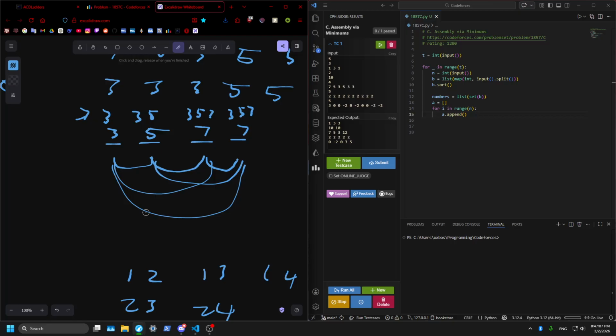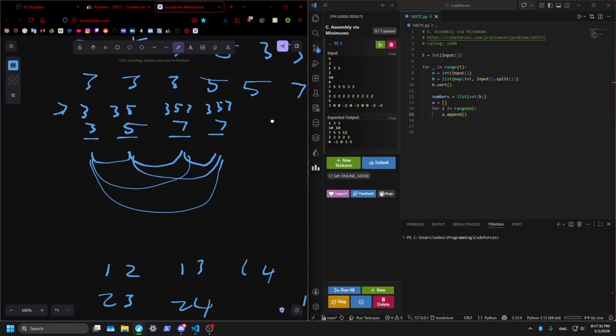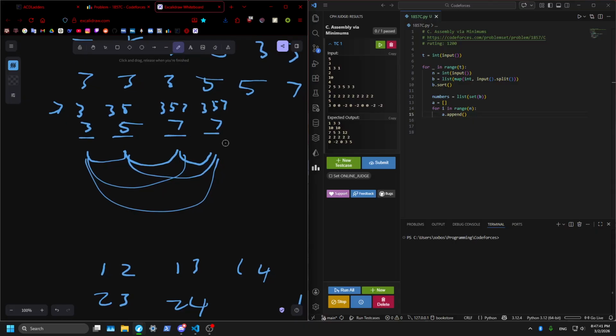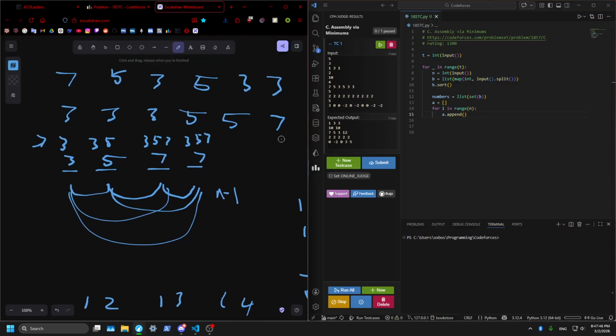Position 0. Only 3 is over. Minus. Okay, so what is the length of numbers?